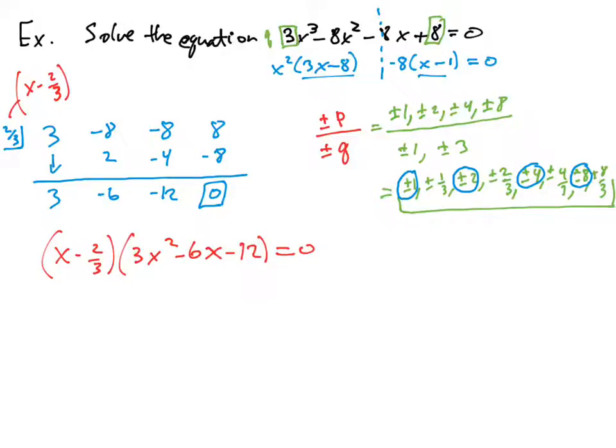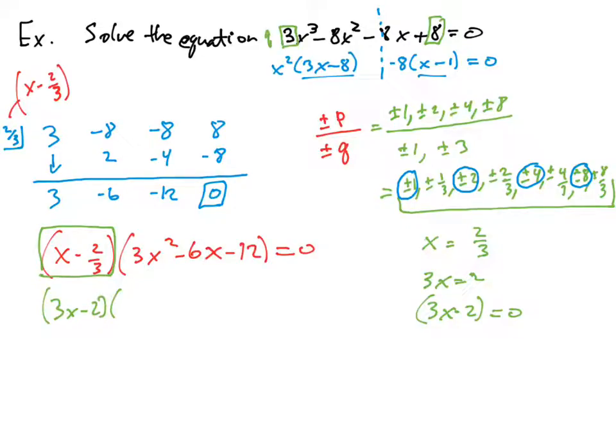Now, this x minus 2/3 is not typically how we would write that, because that means that 2/3 is a solution here. Normally how we would write this as a factor is, well, multiply both sides by 3, and then subtract 2. So 3x minus 2 is the factor. So I'm going to write it that way. You don't have to write it this way.